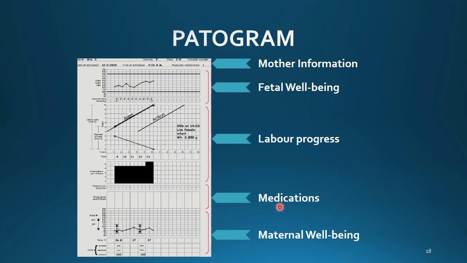Then medication used in labor should be documented, especially oxytocin infusion, which may be used for labor induction or augmentation. Next, under maternal well-being, vital signs, urine analysis, and urine output are the things we should measure and document in the partogram.